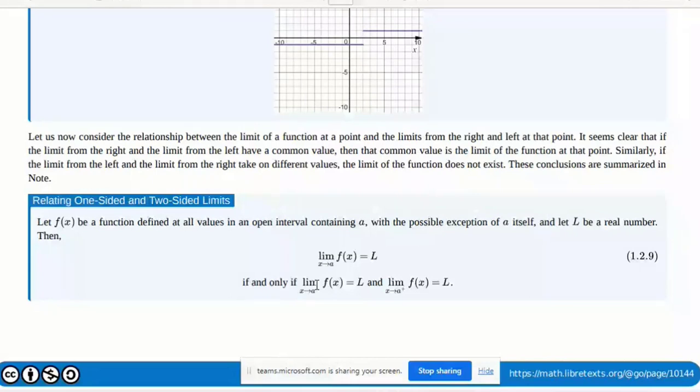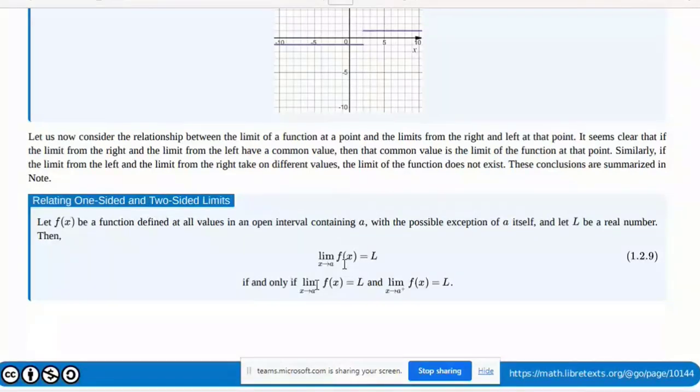Then the limit of f of x as x approaches A equals L if and only if the limit of f of x as x approaches A from the left equals L, and the limit as x approaches A from the right equals L.